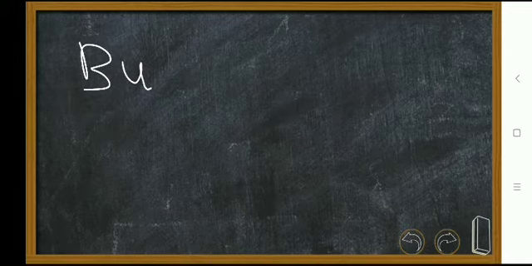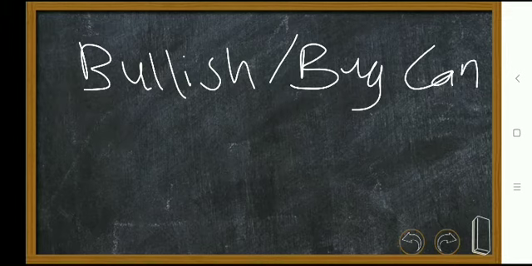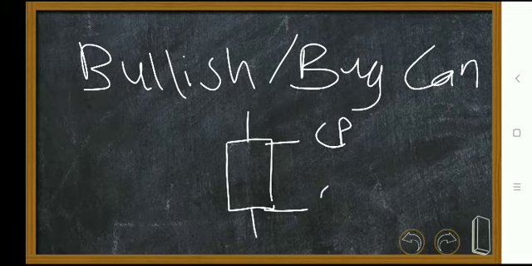So remember, we have a bullish candle. For a bullish or a buy candle, we know that it's characterized by having a higher closing price as compared to the opening price.